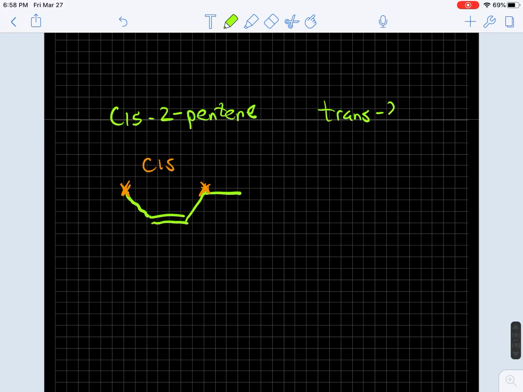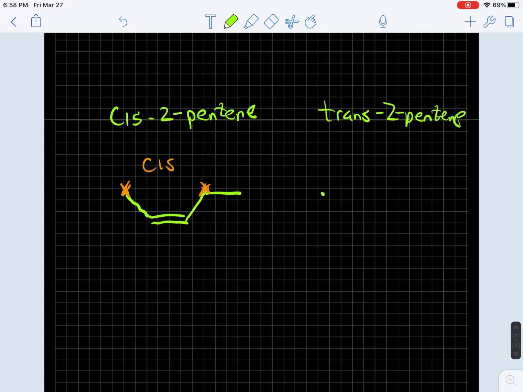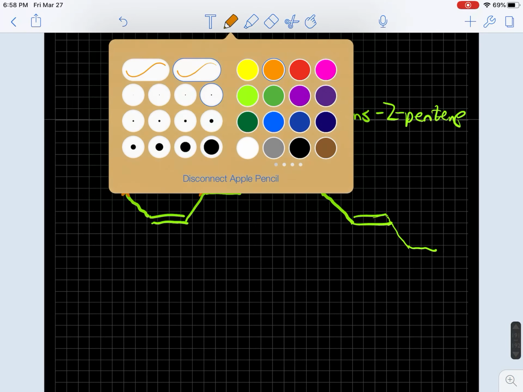Whereas in trans-2-pentene, again, we start out carbon 1, we go to carbon 2, and we create the double bond. But instead of going back to the north side of the molecule, the rest of the chain goes to the south side. So there's my 4th carbon, there's my 5th.